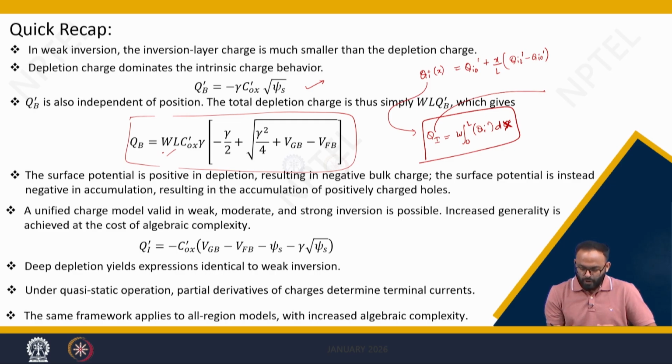Then we solved for the simplified all region model, and we said that in the simplified all region model we need to change the variable from d psi s to dQi dash by replacing d psi s with dQi dash divided by alpha into Cox dash. By solving all these equations, at the end we have shown how these charges vary with VGS.